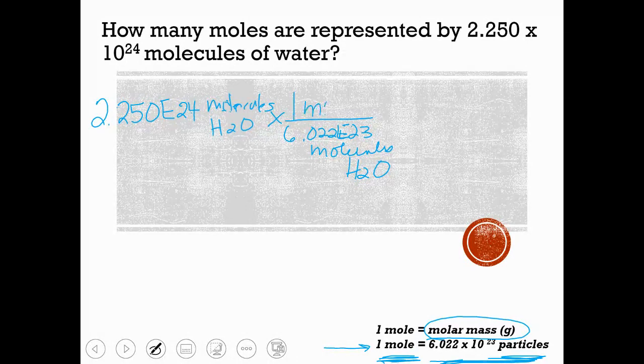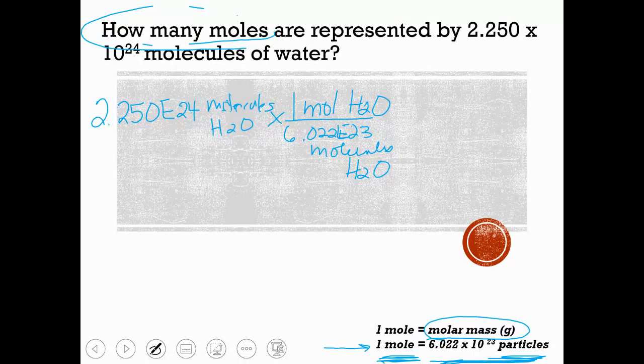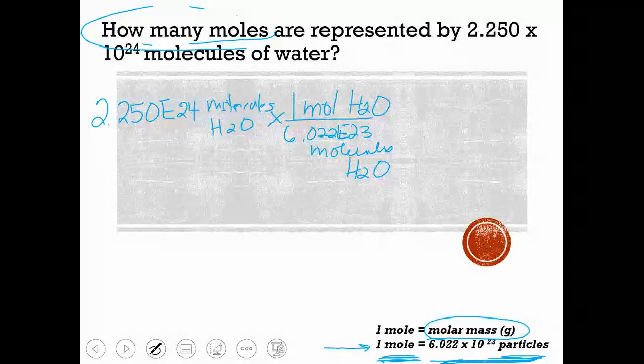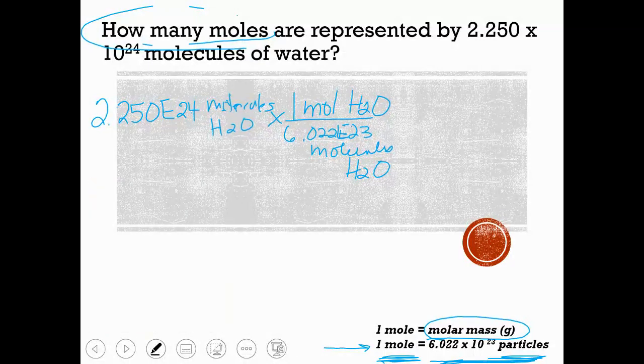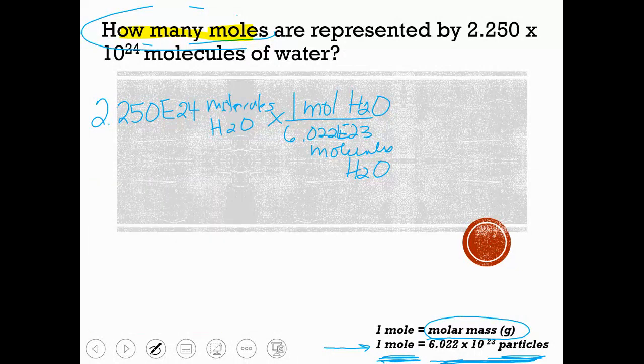So on the top, I need 1 mole of water. If this problem says how many moles, I'm done. If it says how many grams, I need another step. I look back and I check it out. It says how many moles. So at that point, I'm actually done.